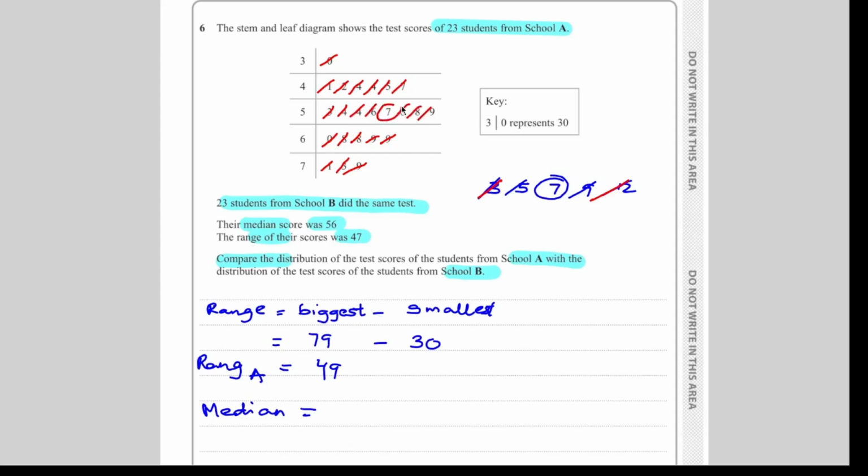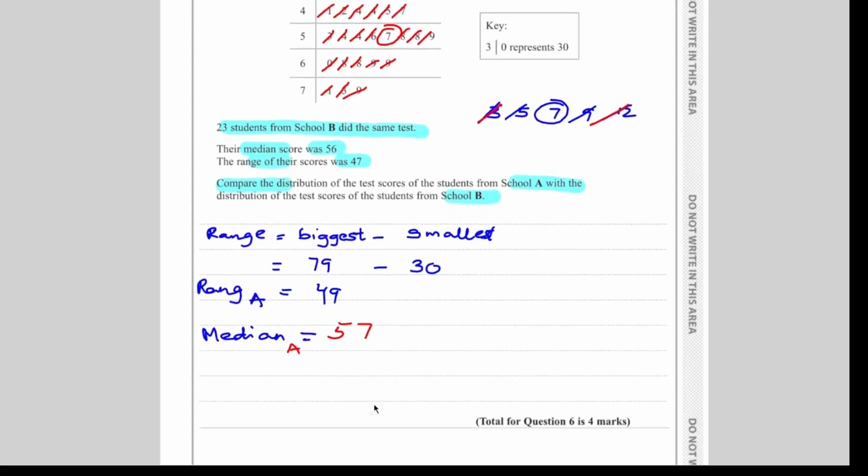So this is the remaining one. Then what's your median? Median is 57. So this is school A: range is 49. School A median is 57. Now we need to give the comparison.